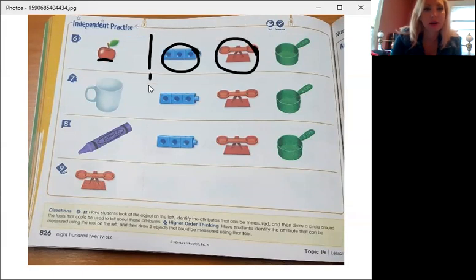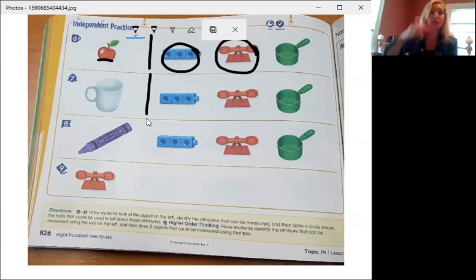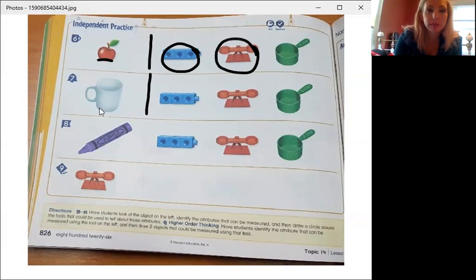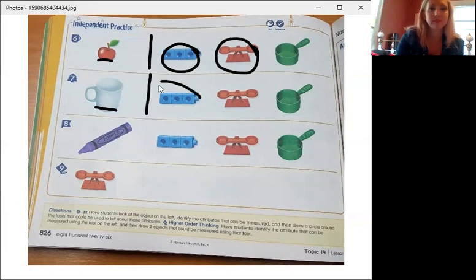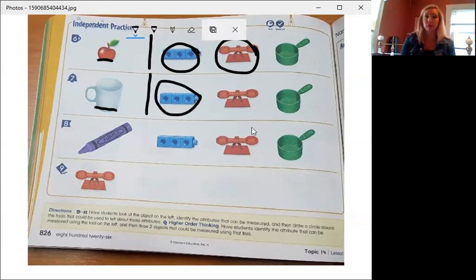What about this cup of, maybe it's a cup of milk or water? Not sure. Can we put the cube train on the bottom of the cup to measure its length? Yes. Can you put the cup on the scale to measure its weight?